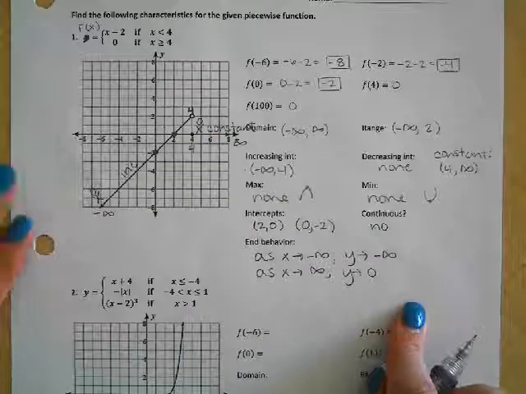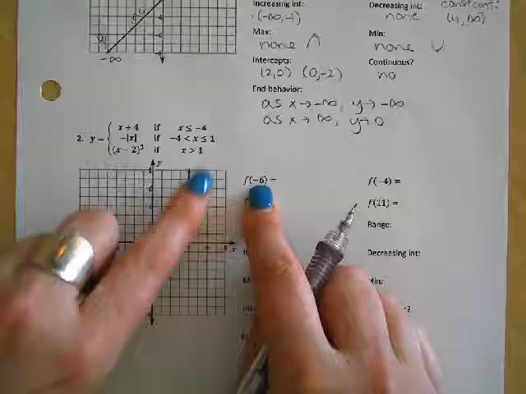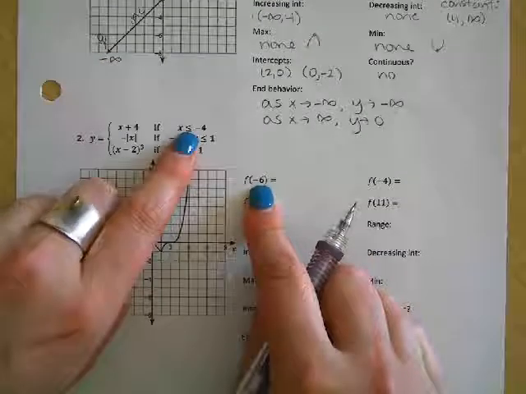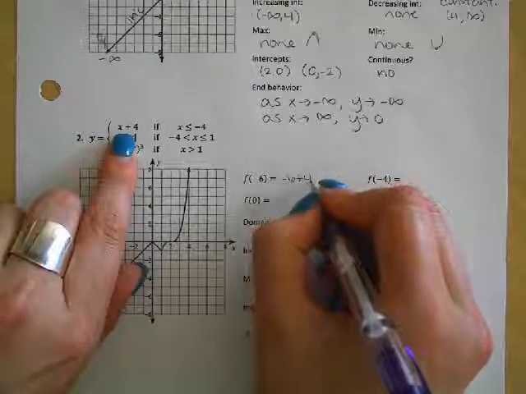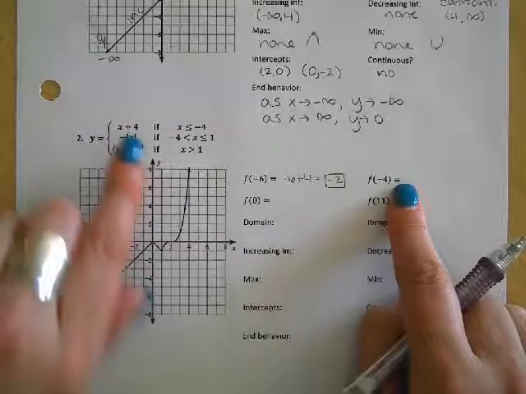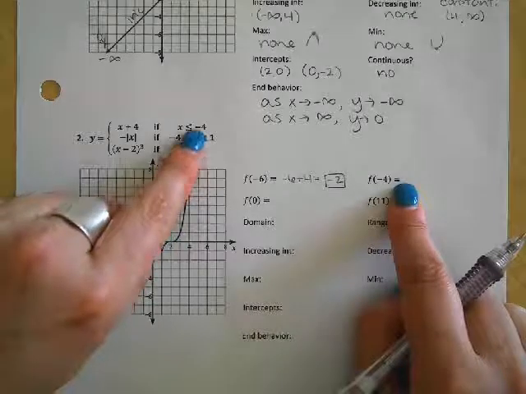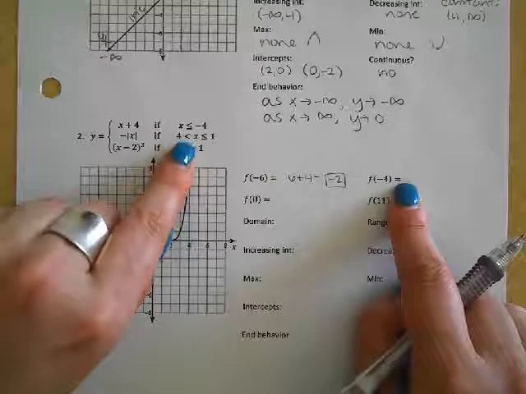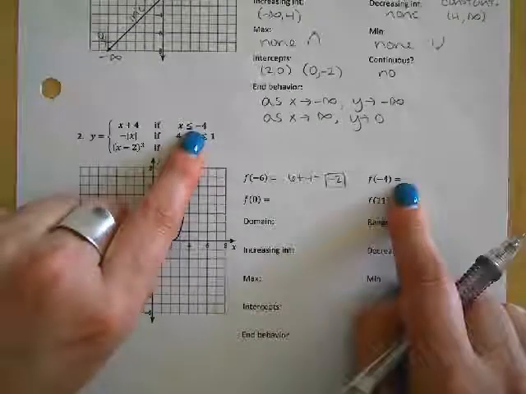All right. So for the next one, if we want to plug in -6, -6 is less than -4. And so we're going to do -6 plus 4 equals -2. If I want to plug in -4 exactly, I have this piece and this piece that have the -4s, and I have to think about the one where it can equal -4, which again is the top piece.